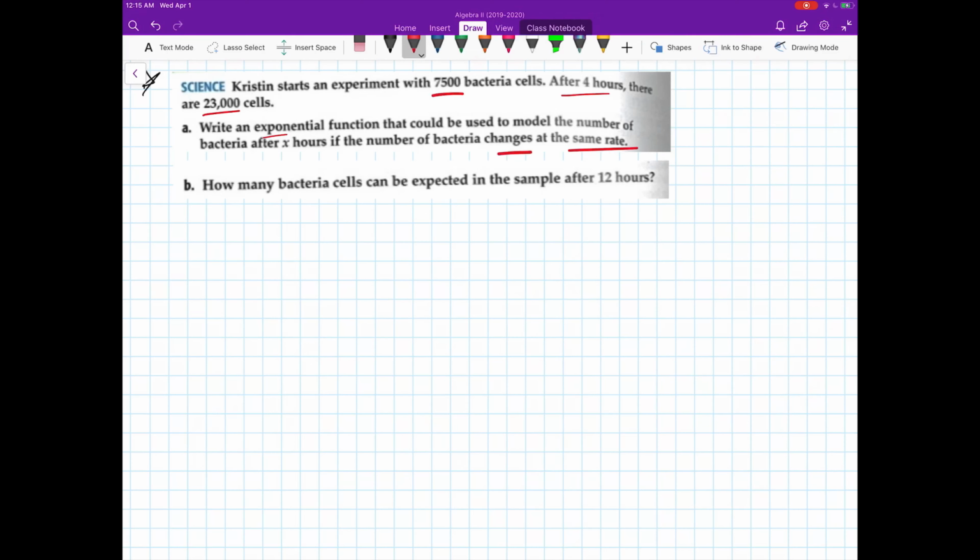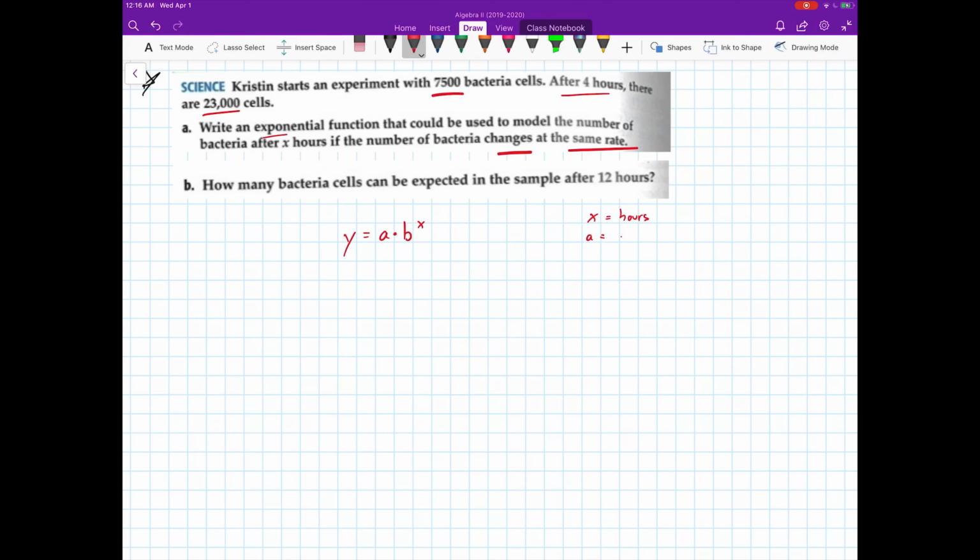Essentially, it's f of x, or y, equal to the initial amount times your growth rate to the x, where x is the number of times it has grown, or usually the independent variable is time. So here, x would be hours.